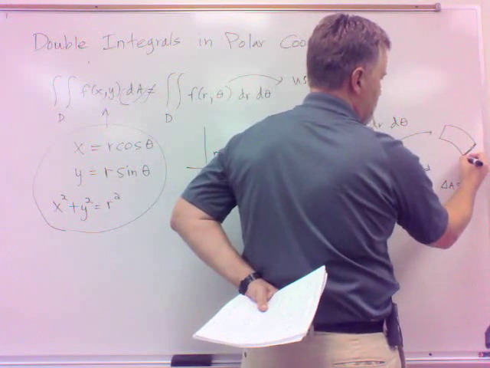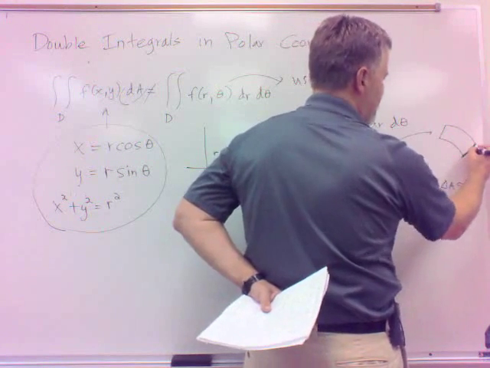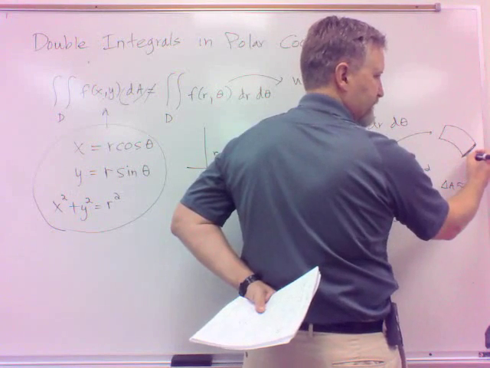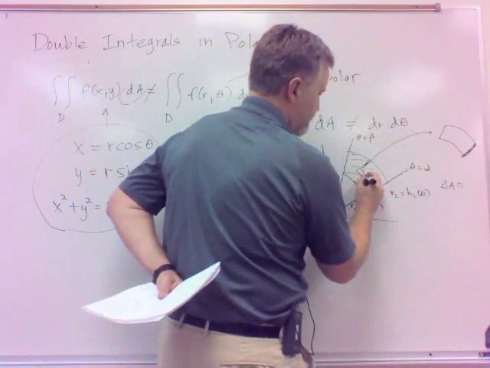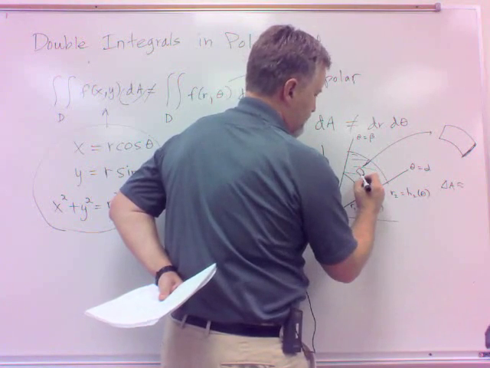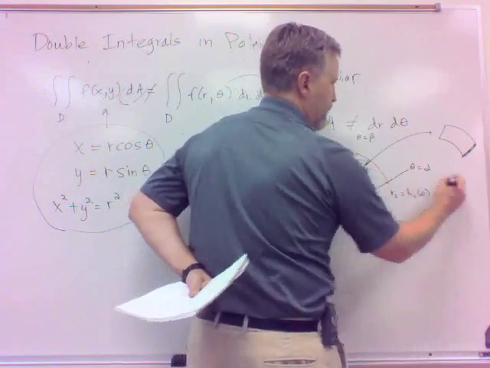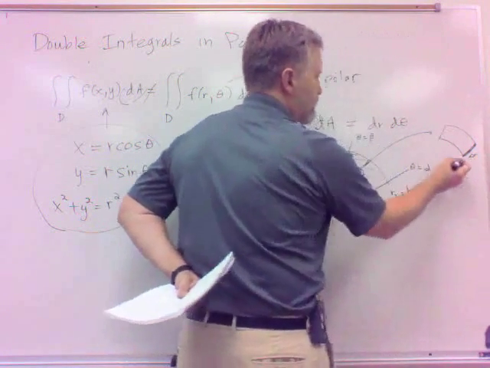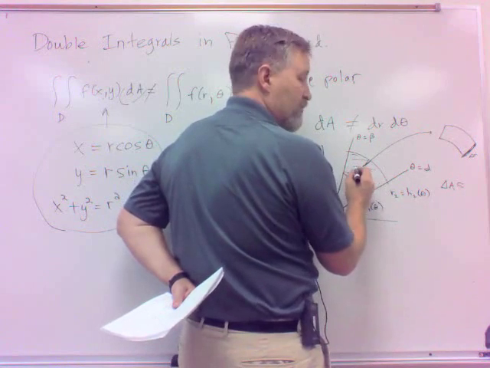If we think of it as almost a rectangle, then this right here is the change in theta, right? We're changing r here. This right here has to do with the change of theta, but that's more of an arc.